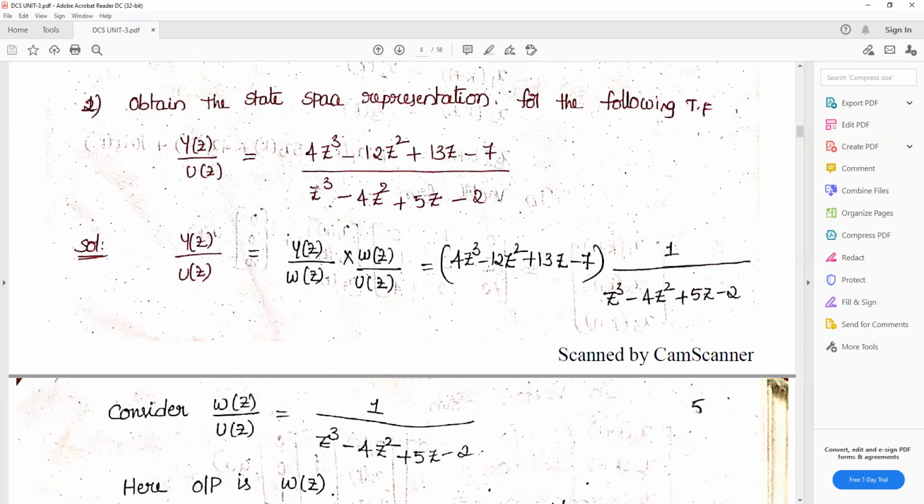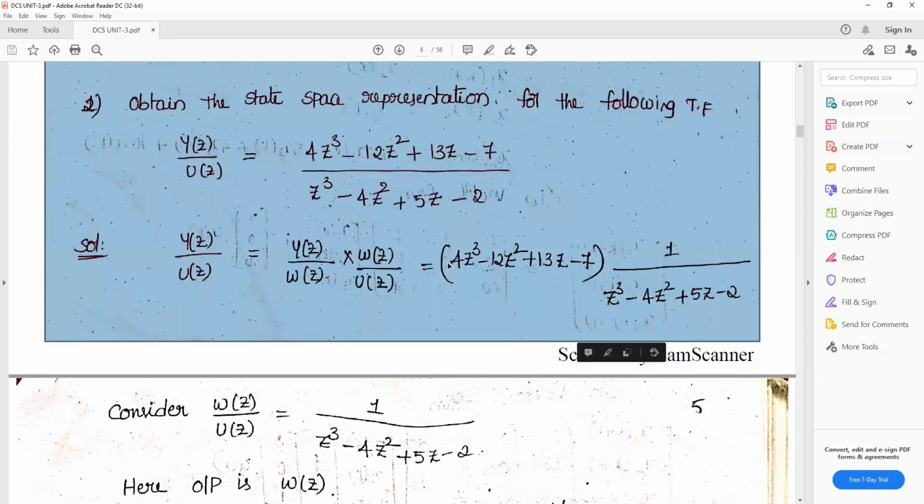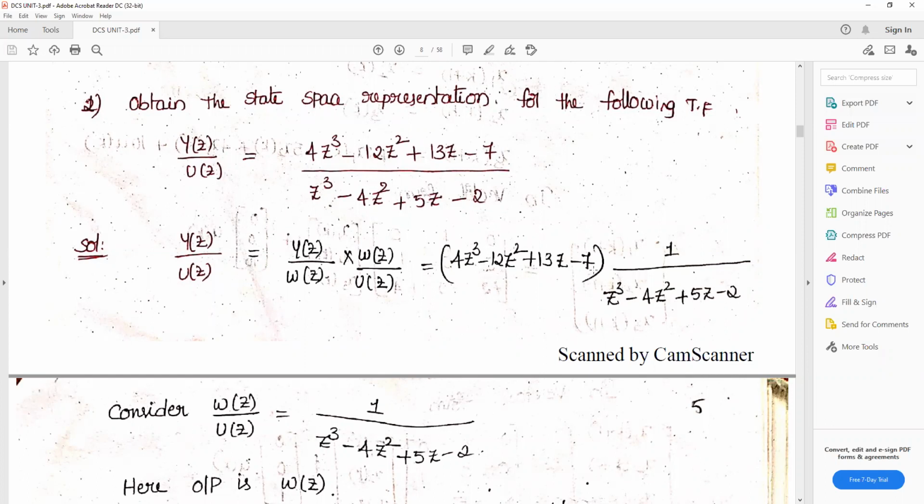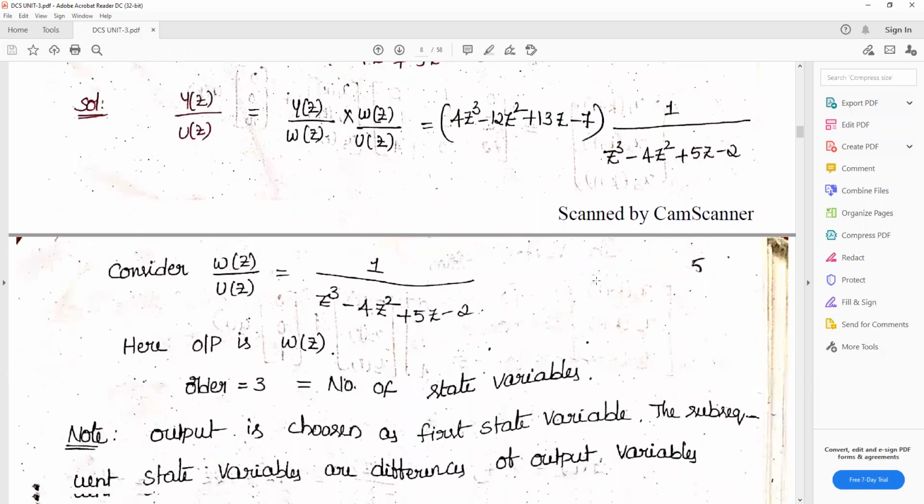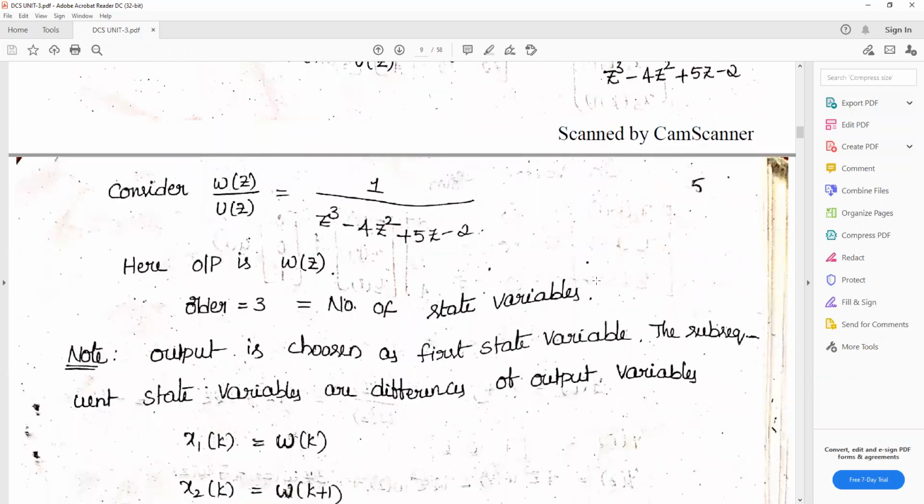In the denominator, 1 by z power 3 minus 4z square plus 5z minus 2. In the numerator, 4z cube minus 12z square plus 13z minus 7. So consider omega of z by u of z equal to 1 by z cube minus 4z square plus 5z minus 2.